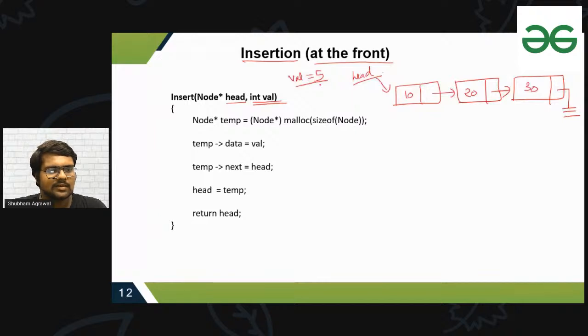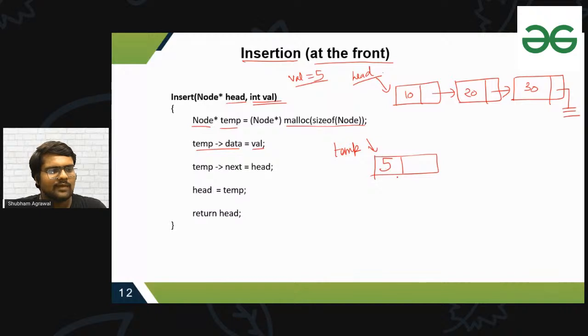We are using the malloc function for that, and we are giving the node size. So it will create a node, and this node will be pointed to by temp. Now in the data part, we are specifying the value, so it is 5.